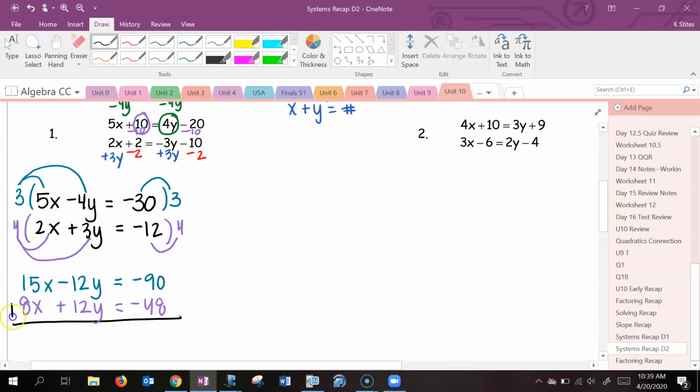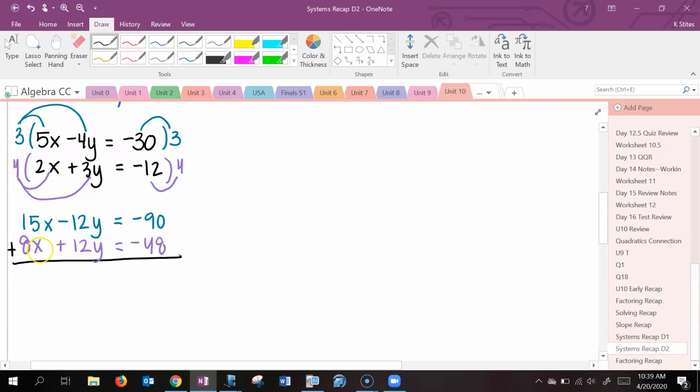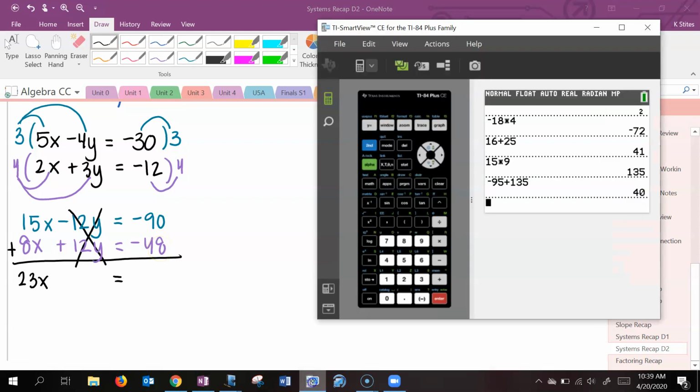And again, you are adding these together. So we'll go ahead. 15x plus 8x is just a 23x. And again, feel free to use your calculator. Those are going to add to 0. They cancel. Negative 90 plus negative 48 is negative 138, I believe.